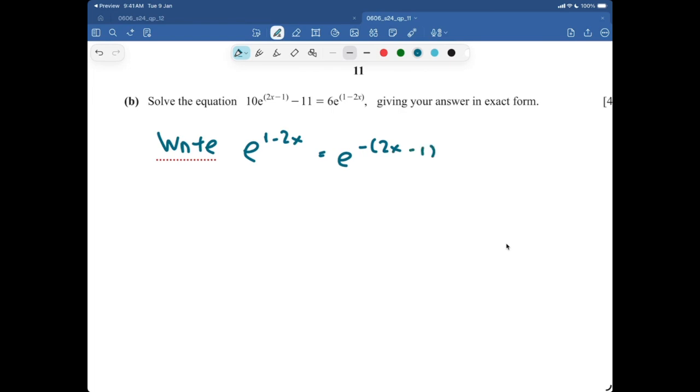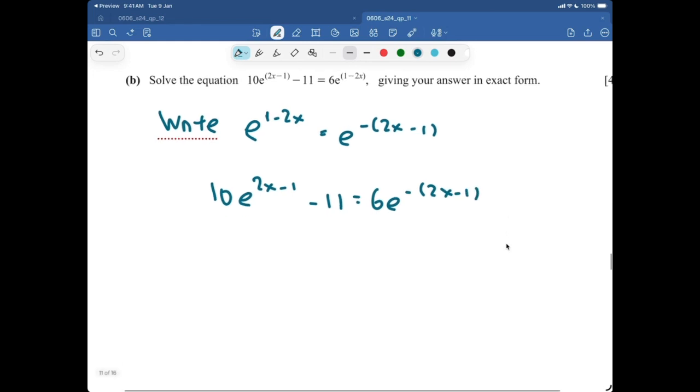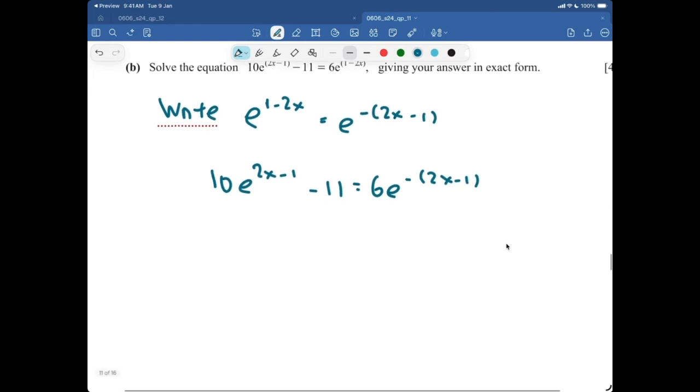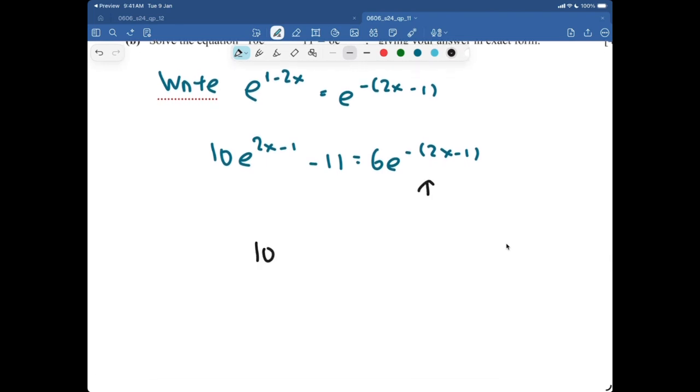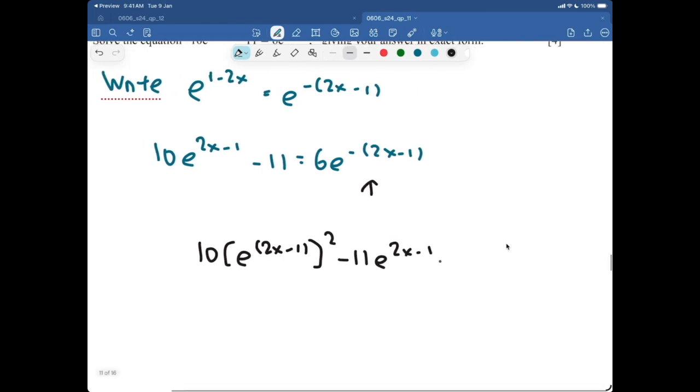So to just simplify things a bit, we could substitute this expression 6e to the negative 2x minus 1, and if you divide both sides by this expression, you get 10 of e to the 2x minus 1 squared minus 11e to the 2x minus 1 minus 6 equals 0.